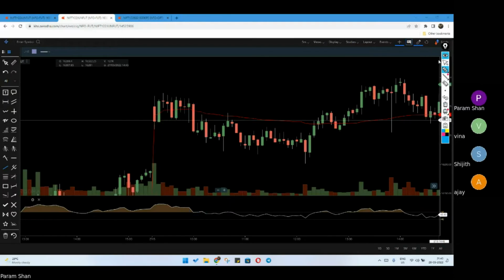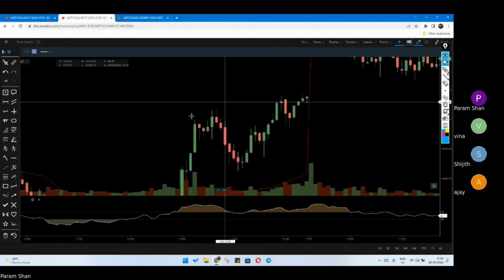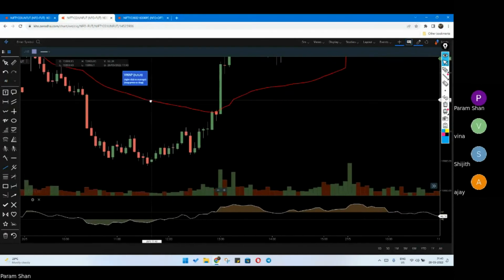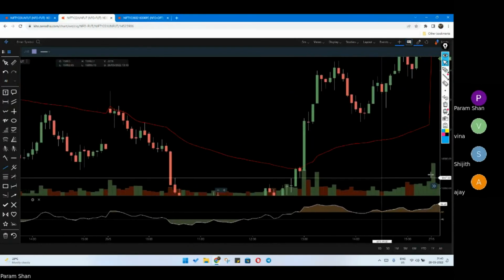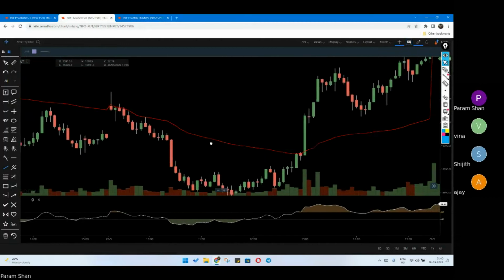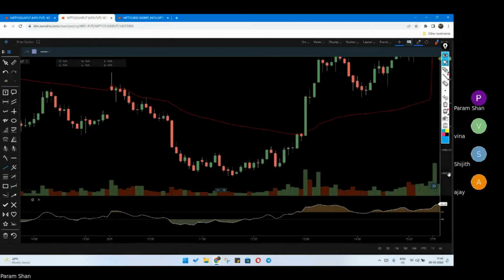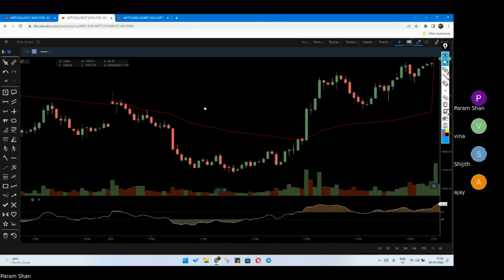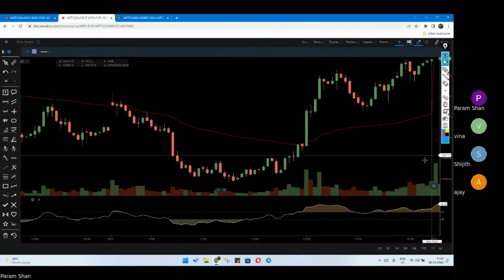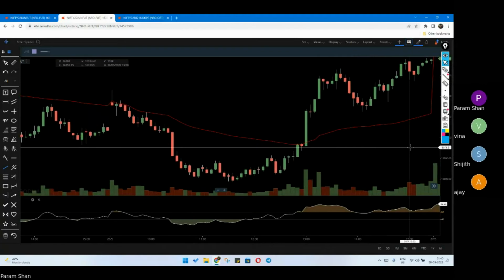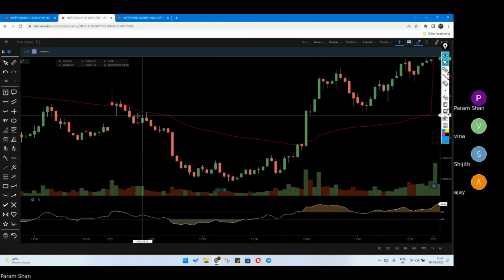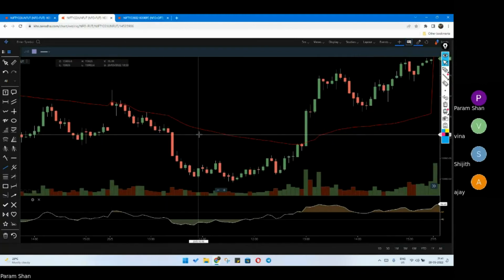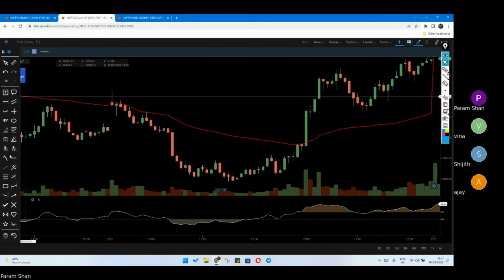Right. So let's go a little back and see if you are finding any pattern on the previous day. See, it is not necessary that you need to have a very big candle size to form the triangle and stuff like that. So we will go with our regular practice.